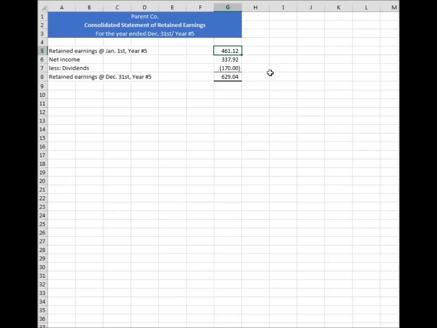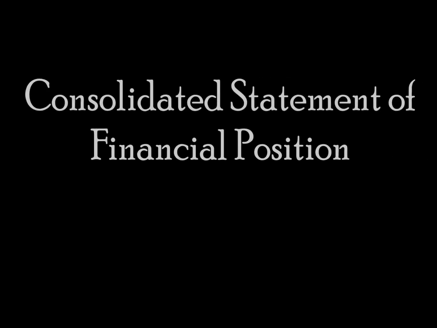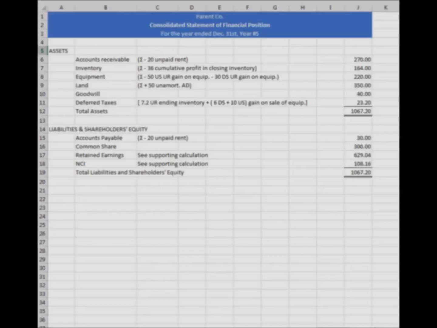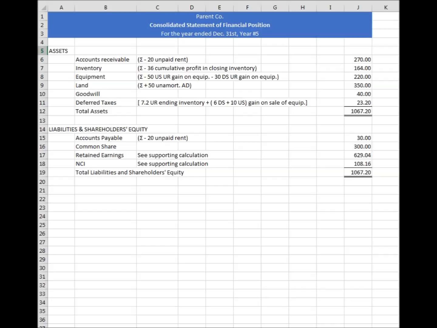Now we're going to move on to the consolidated statement of financial position. Actually, in the question it says consolidated balance sheet, but I'm pretty sure they're the same thing, so it doesn't really matter. So for this over here, we've got our assets and liabilities set up like that, and generally what I like to do when I start these questions is I won't just do it line by line.